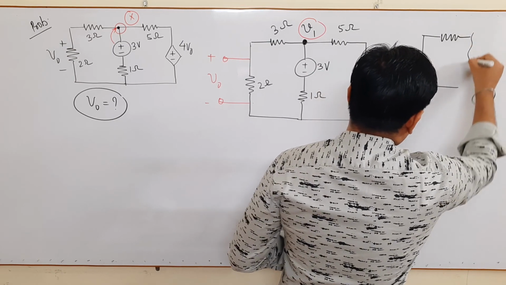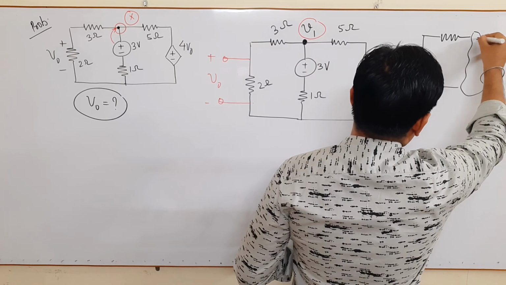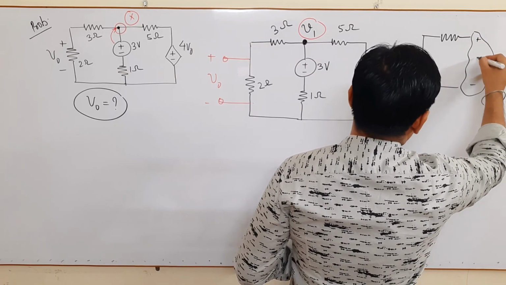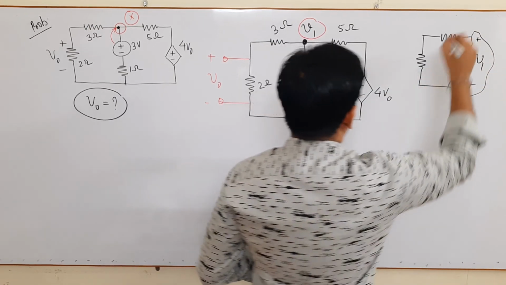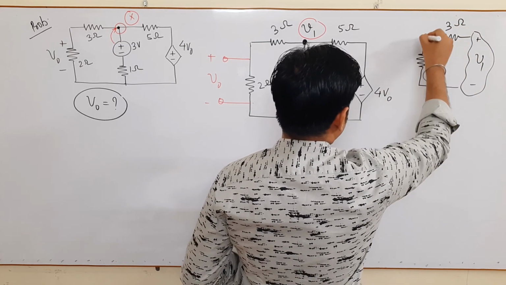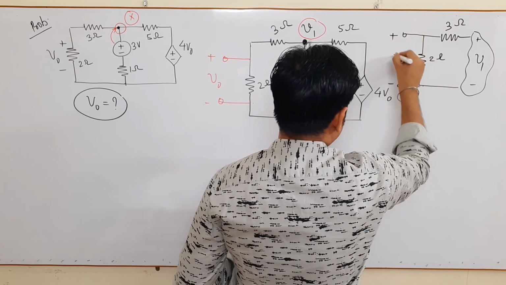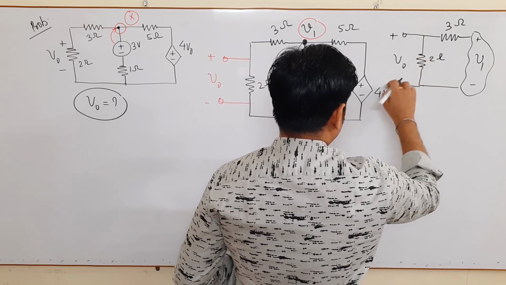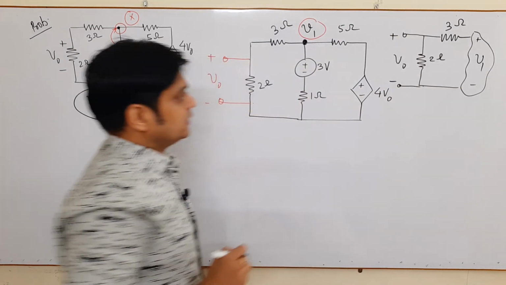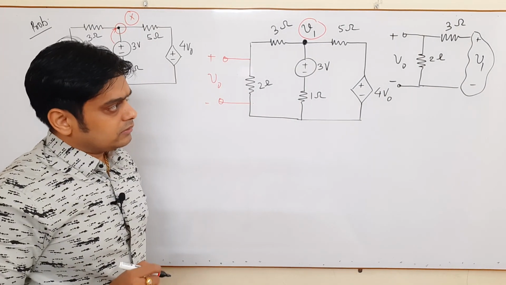The voltage here is V1, this is your 3 ohm resistance, this is your 2 ohm resistance, and there is some voltage known as V0. Are you able to understand? I can make this circuit like this also, there is no issue.